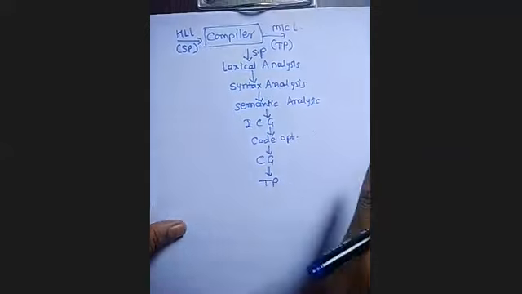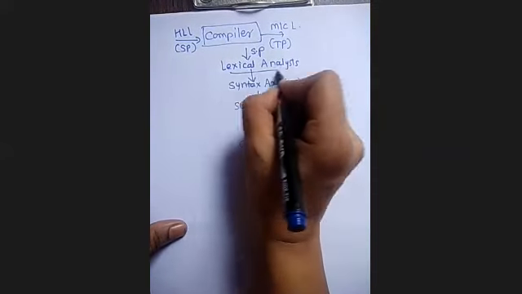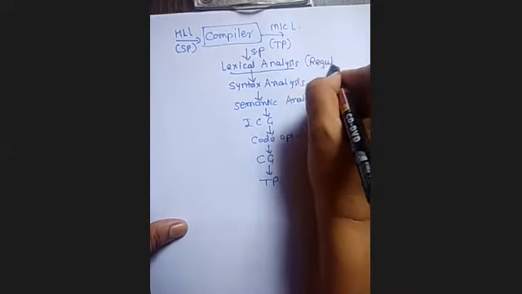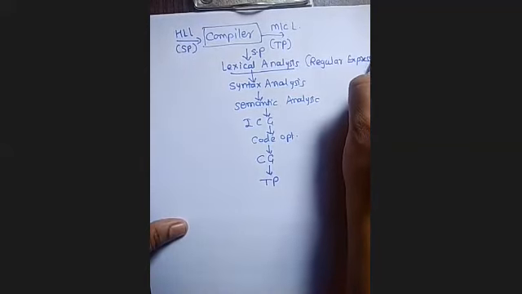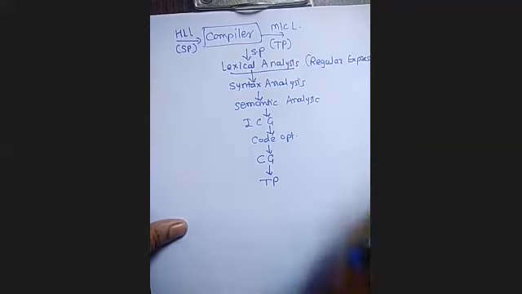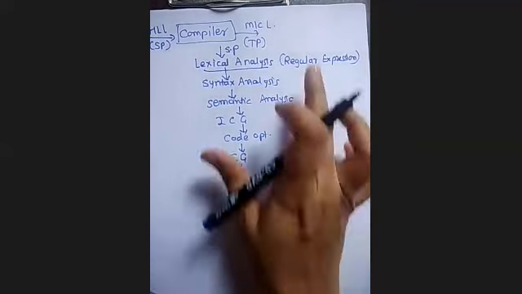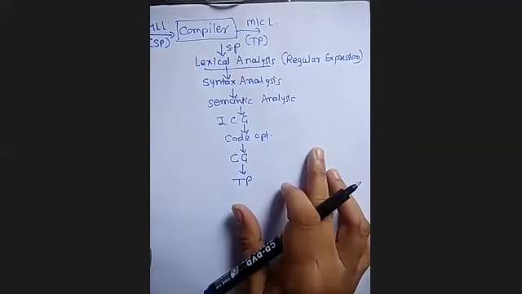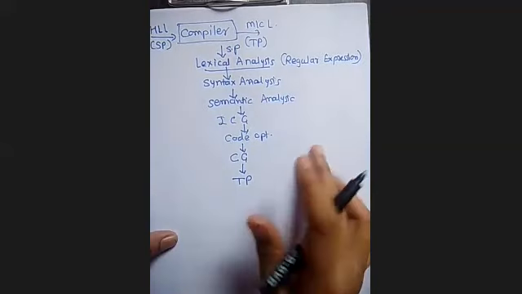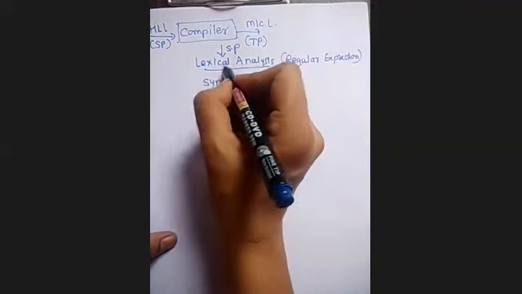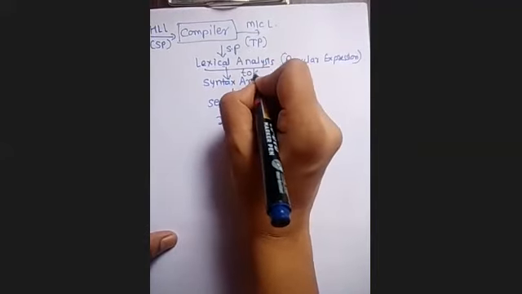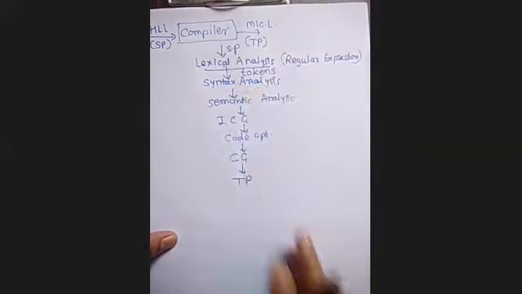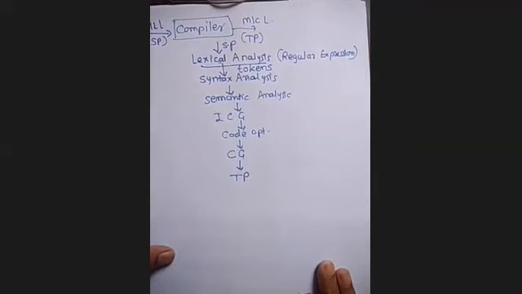And what we have seen, the first phase uses regular expressions. In the last unit, we have seen how regular expressions are used in the lexical analysis phase to generate the tokens, because the lexical analysis function is what? It reads the source program character by character and generates the output as tokens. And we have seen a token is the smallest entity in the program.